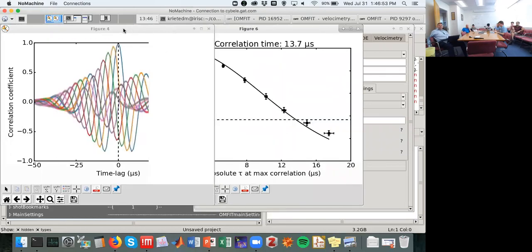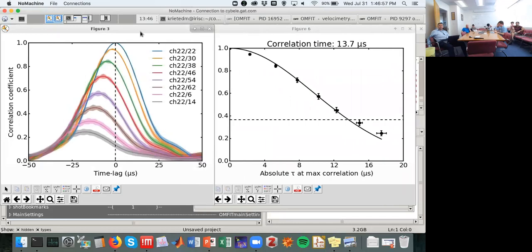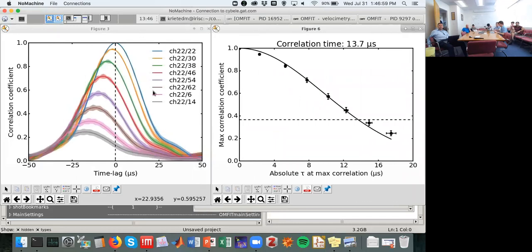So what this is doing is taking the actual y value of these peaks and plotting them versus the time at which they occur. So you can see this is correlation versus time lag. And then we fit this with a Gaussian, which, if the data is high enough quality with high signal to noise ratio, usually follows Gaussian behavior.